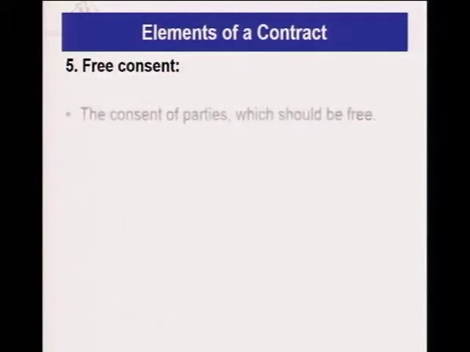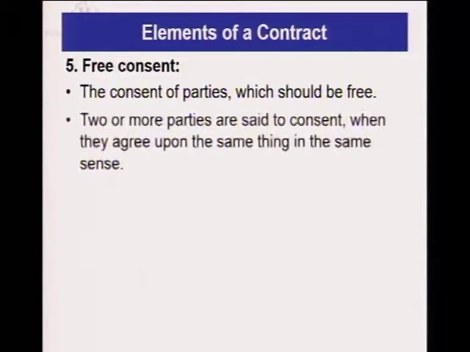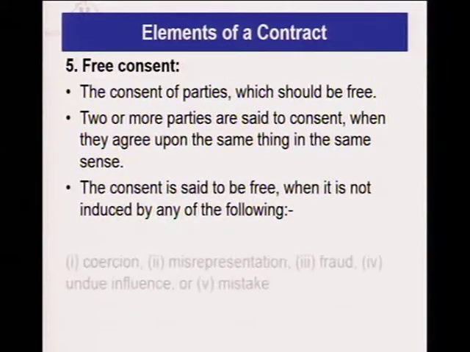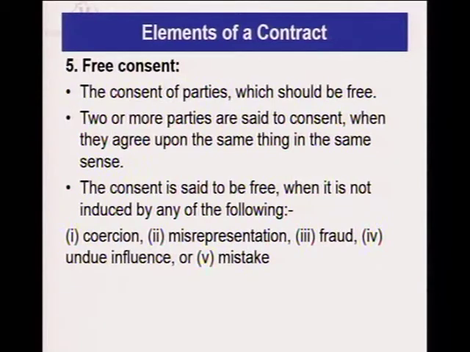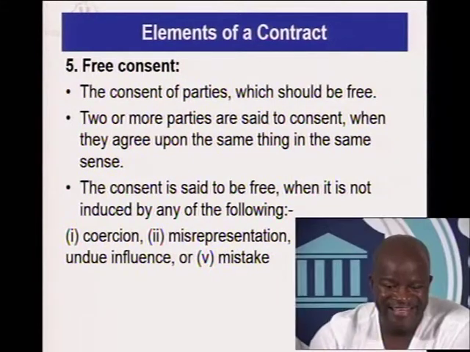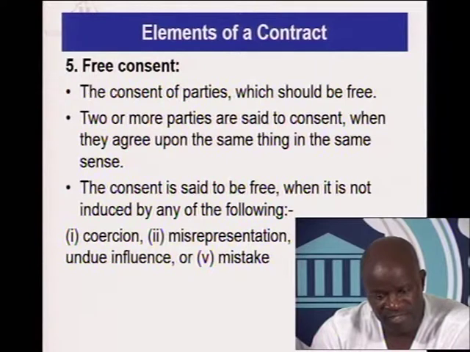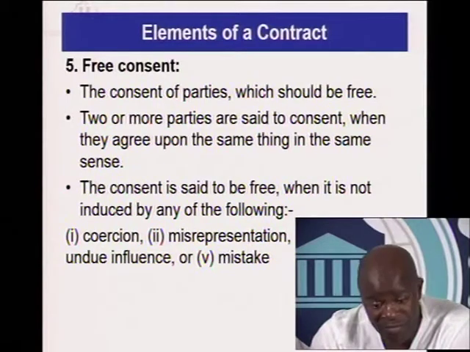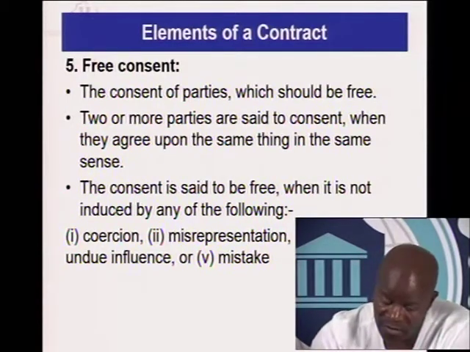Let's look at the fifth element of a contract. Free consent. Right. When we're talking of free consent, we're saying the acceptance that is made by the offeree, remember the offeree, the person to whom the offer has been made by the offeror.